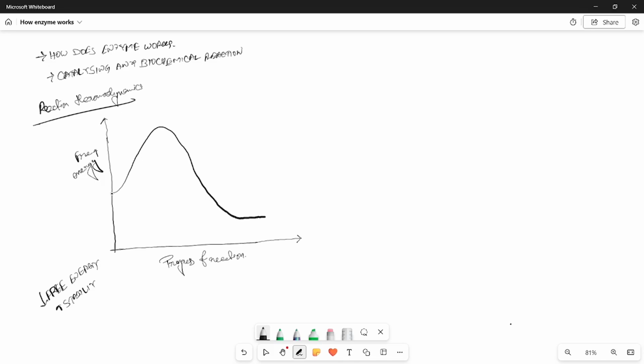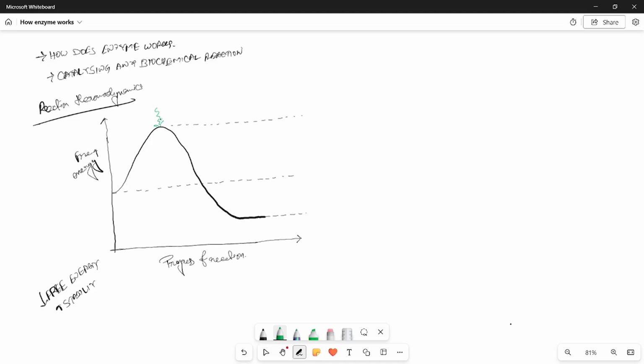In this curve you can see there are basically three points. One point is like this, one point is like this, and another point is this. Now what do these points mean?